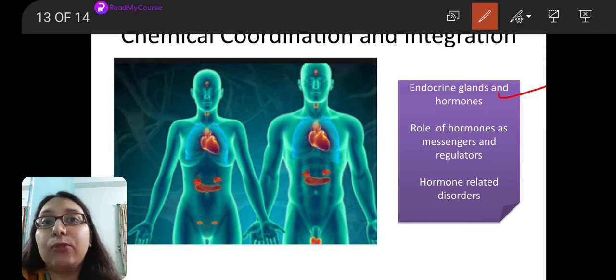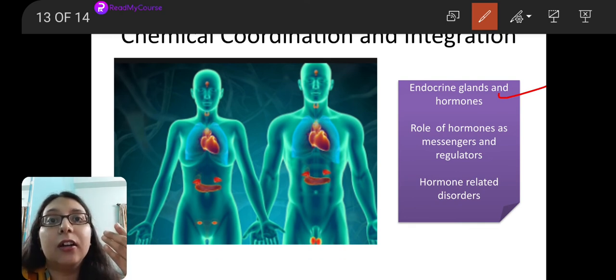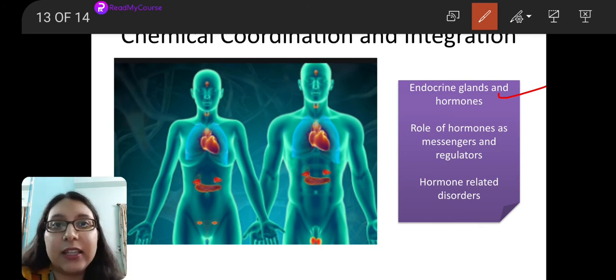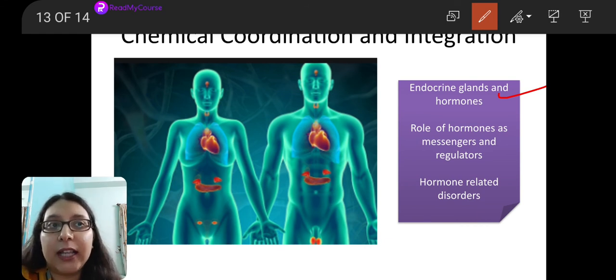We will learn about the various important endocrine glands in our body: the pituitary, then the adrenal glands, then the thyroid gland, the pineal gland. All these things we are going to learn in detail, their functioning, their structure. And finally we will arrive at the hormone related disorders.